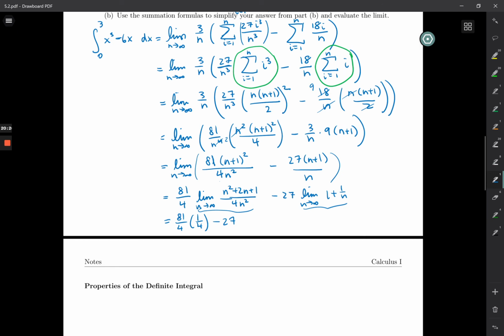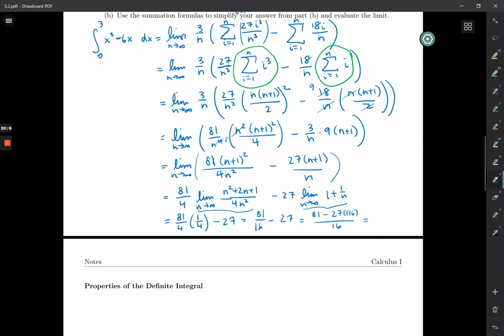And so we can go ahead and work this out to get a final answer. So 81 minus 27 times 16 over 16.